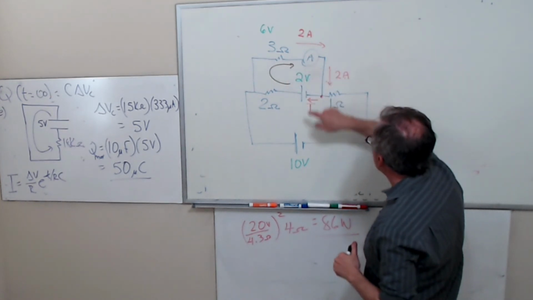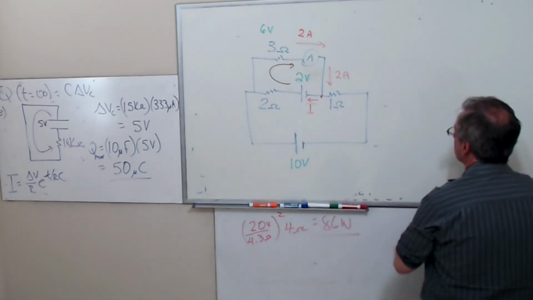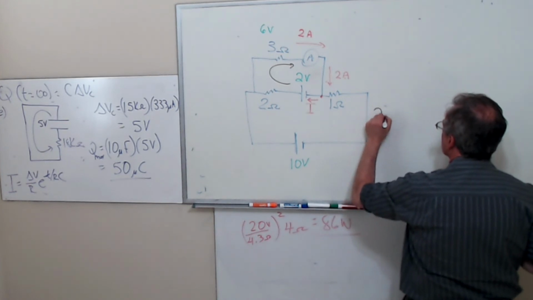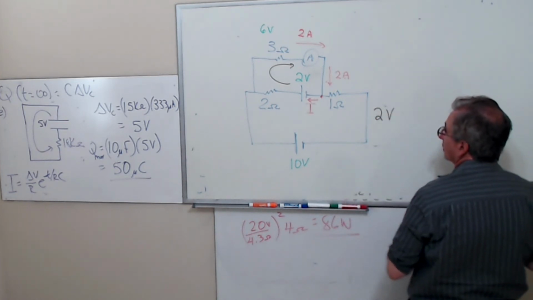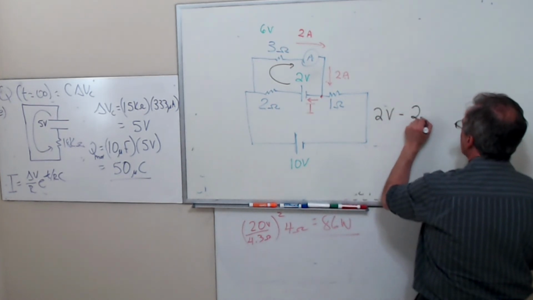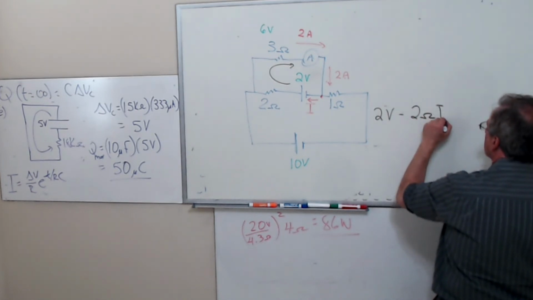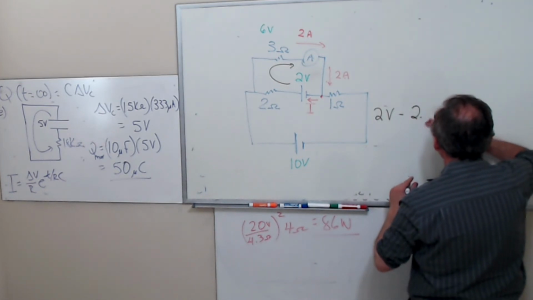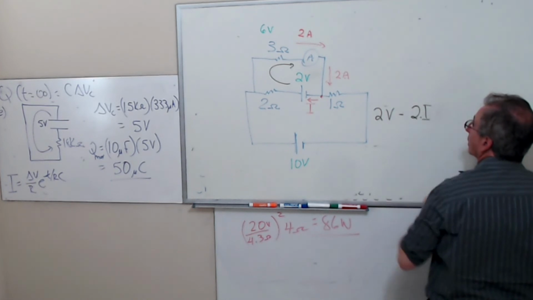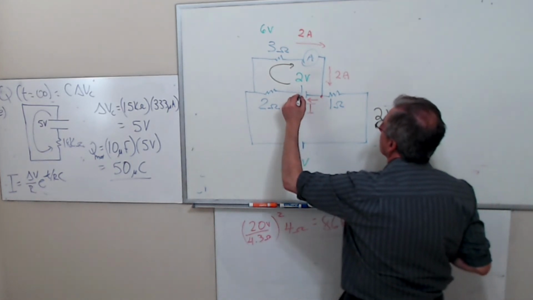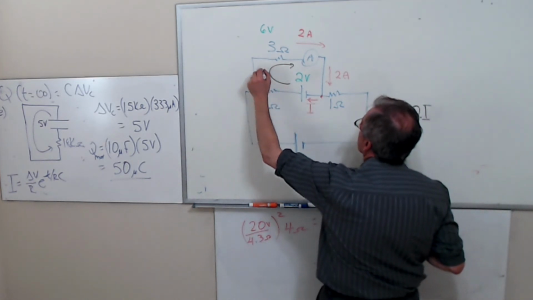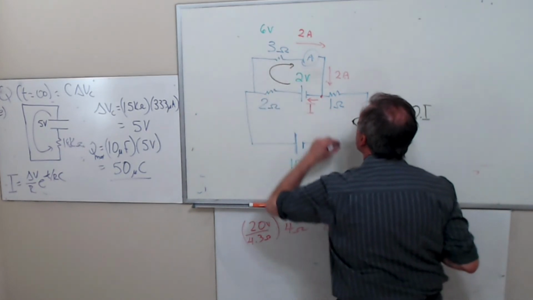If I sum voltage drops, this is 2 volts, so I'm going to say I went up 2 volts minus 2 ohms times I. I was going to put 2I, sorry. And this is the voltage drop of 6 volts.